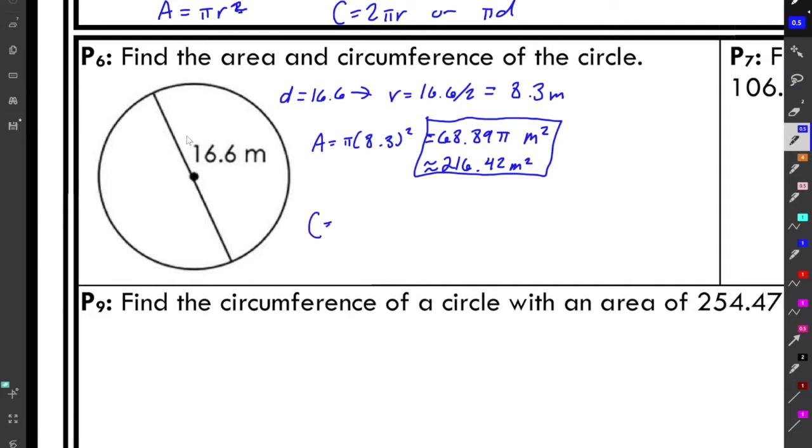So my answer in terms of pi is just the diameter times pi, 16.6 pi, which is approximately 52.15 meters. And that's my answer.